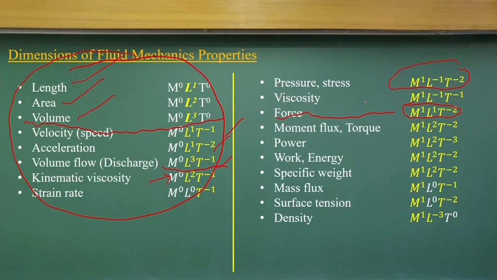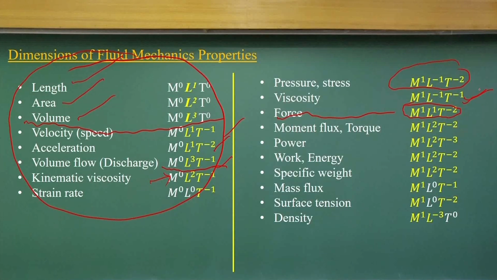Similarly, you can compute the viscosity dimensions if you know the very basic equation of Newton's law of viscosity. Shear stress is proportional to shear strain rate, and the proportionality is the viscosity. So, you can compute what the dimensions of the viscosity would be.